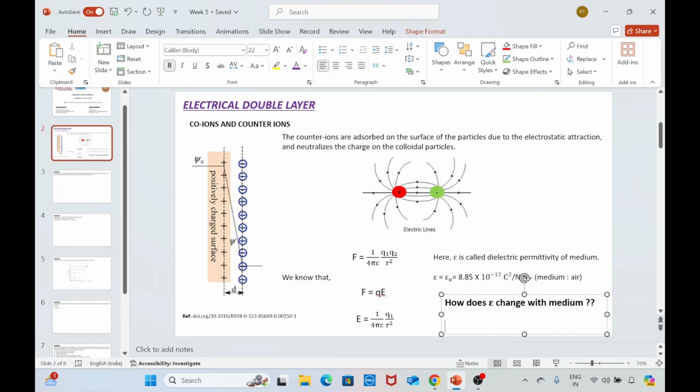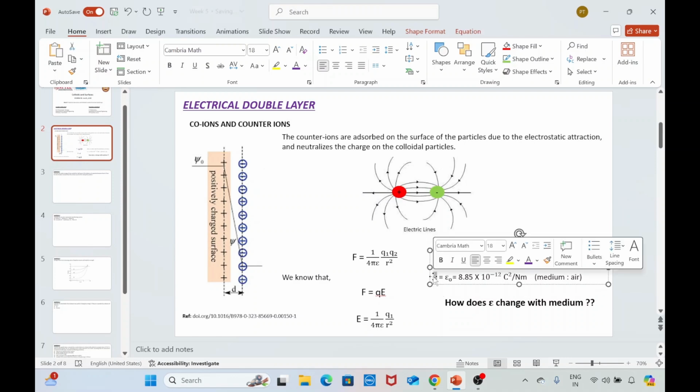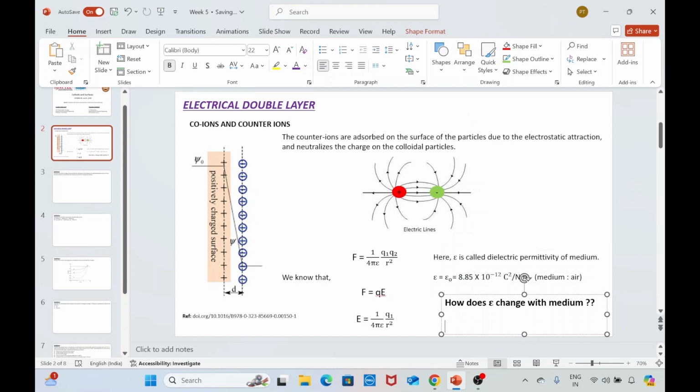So usually the dielectric permittivity of the medium won't be directly given. Sometimes it might be directly given to you, that the epsilon value equals these many coulomb square per Newton meter. But usually we represent it with respect to air. That is, we introduce another parameter called epsilon r.